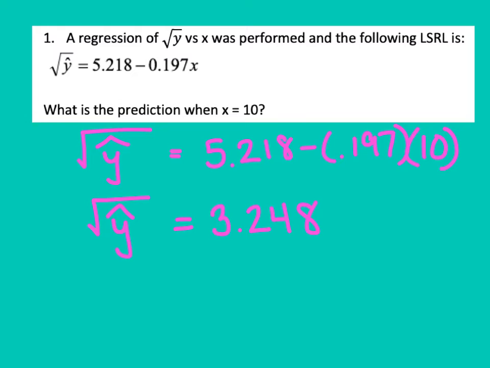A common error, especially in multiple choice questions, is that 3.248 would be one of the answers. But we are going to square both sides to get rid of the square root, which is going to leave me with y hat, or the predicted y, is equal to 10.55. And I should say approximately equal to, since I rounded.